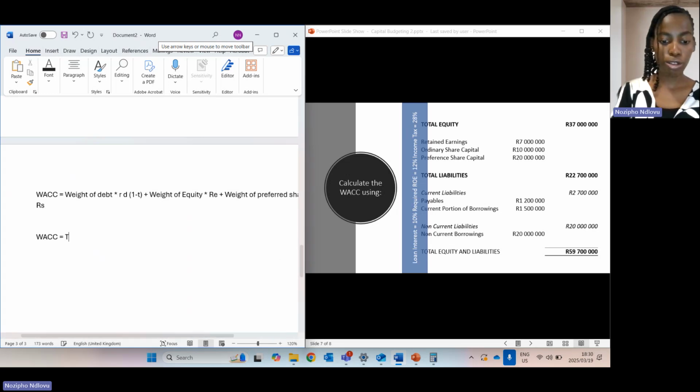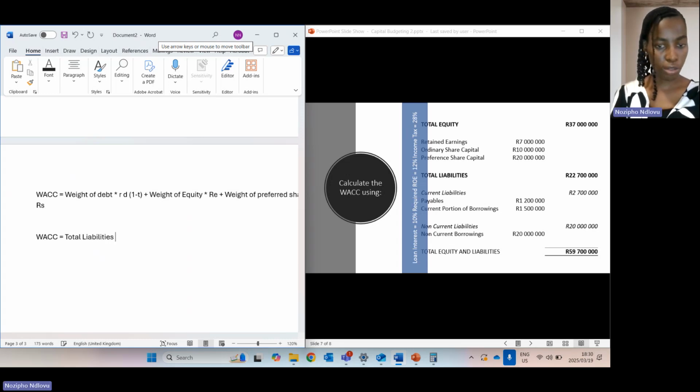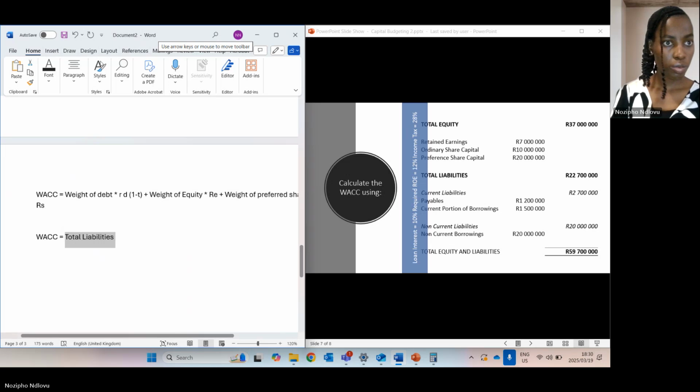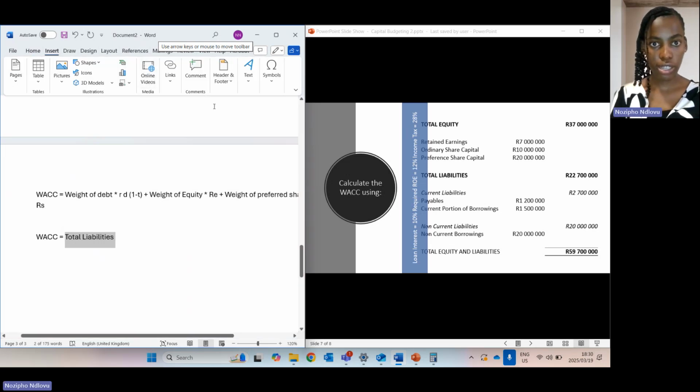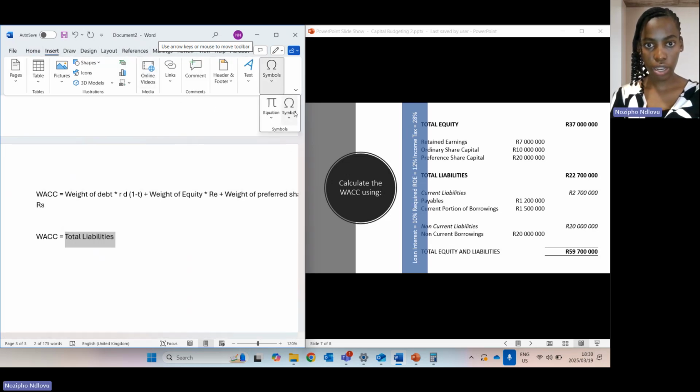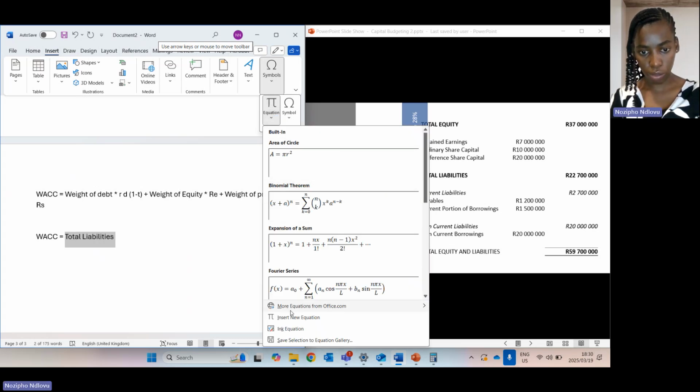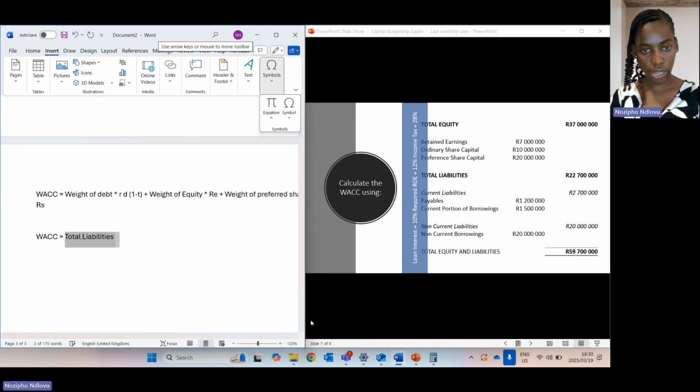You take your total liabilities. Let me just insert, and then we can have our equation here. Obviously, if you're doing this with your calculator, you don't need to be doing what I'm doing.